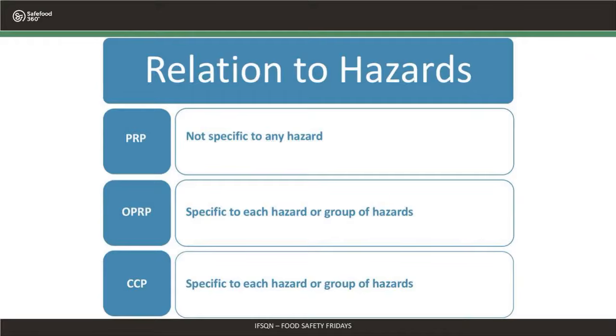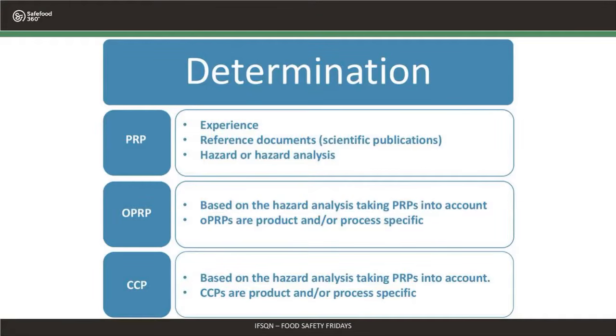OPRPs and CCPs are specific to each hazard or group of hazards. To determine what's a PRP, we can use our experience, we can reference documents, any GFSI standard we're working to, and we can also use our hazard analysis.